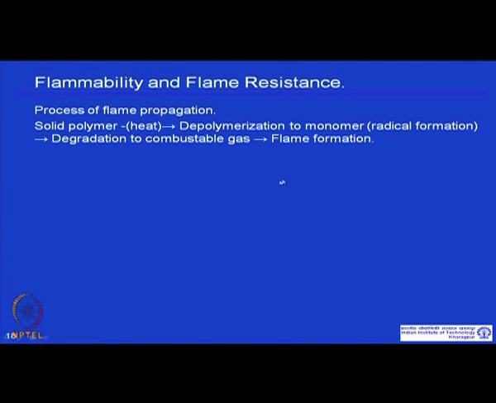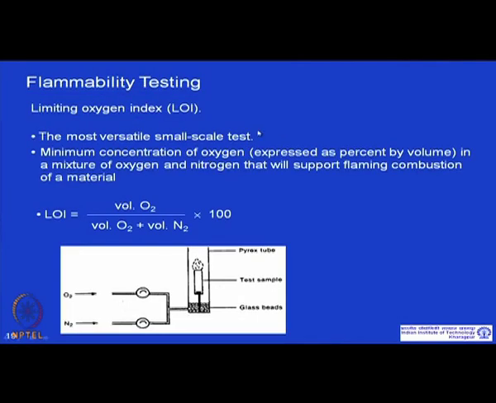So, if you want to decrease the flammability, you basically have to remove this combustible gas from the system, and you have to reduce the heat generation on burning these polymeric materials. How is the testing done? In the lab, the testing which is done is called limiting oxygen index.